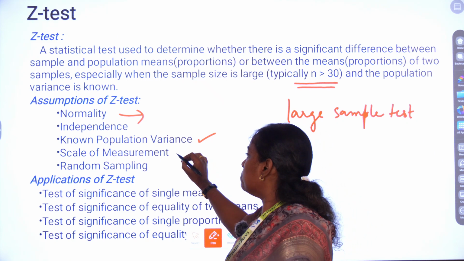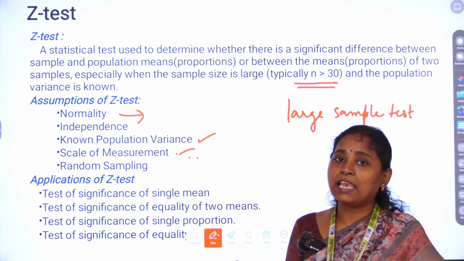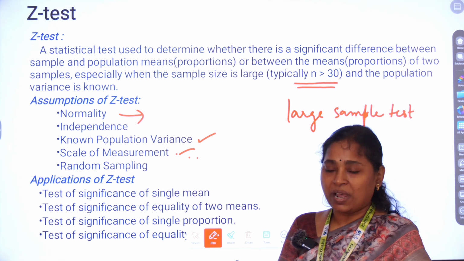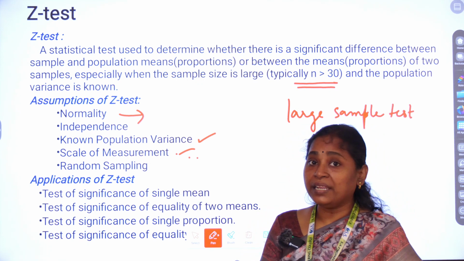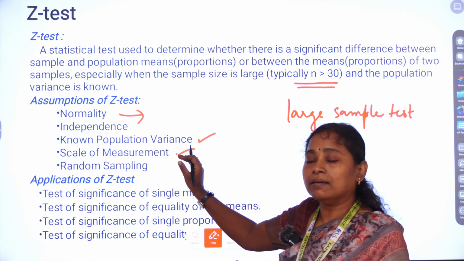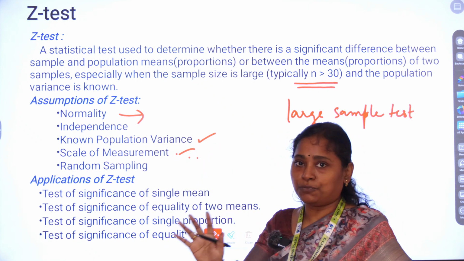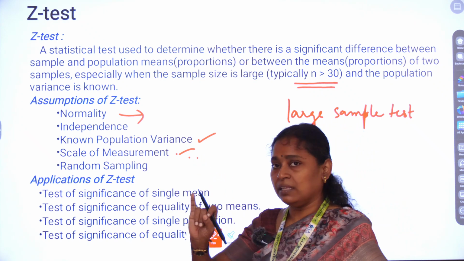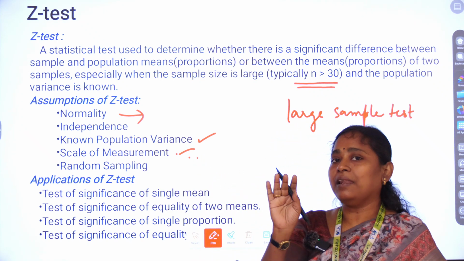The next one is scale of measurement. Scale of measurement is of 4 types: nominal, ordinal, interval and ratio.